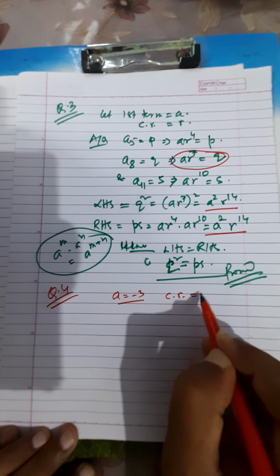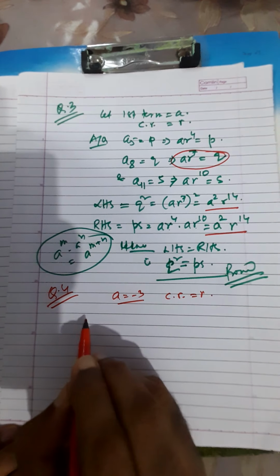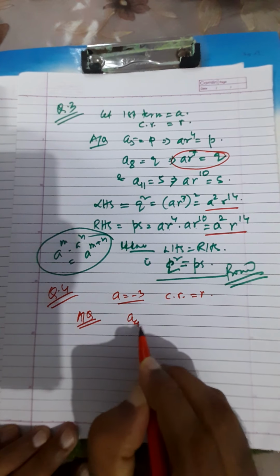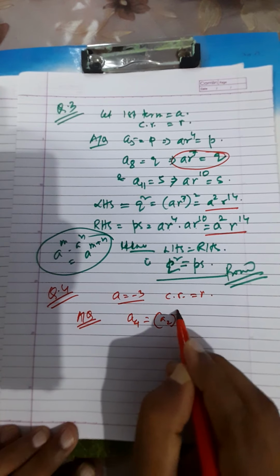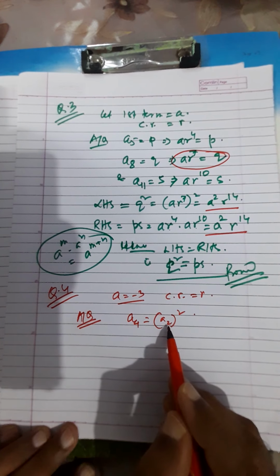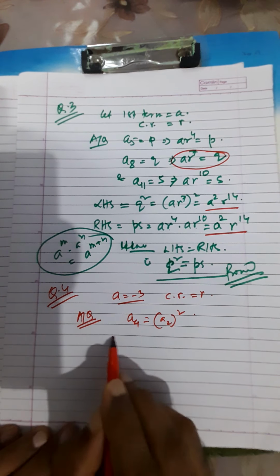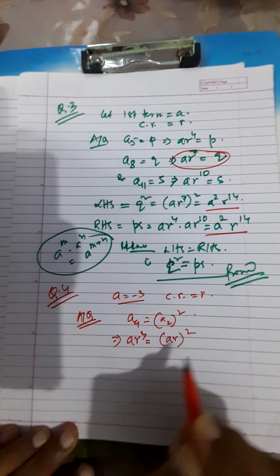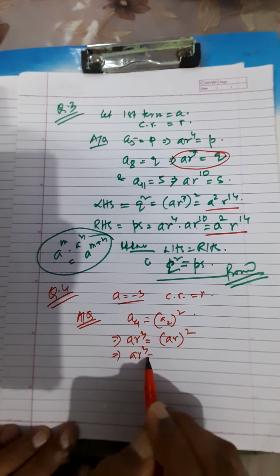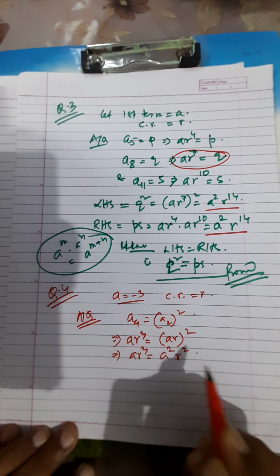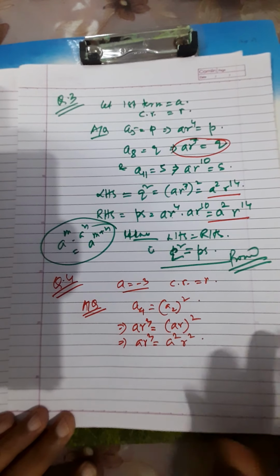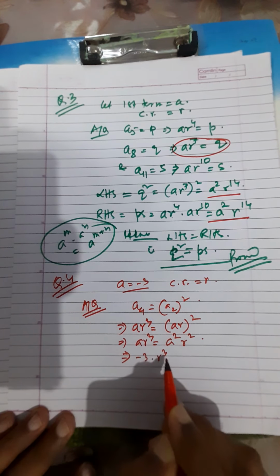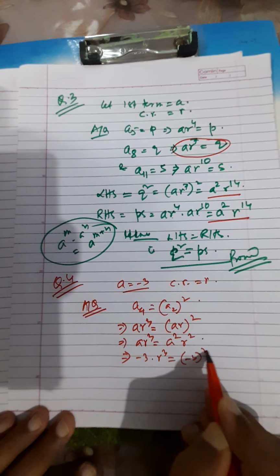Common ratio is R. According to the question, fourth term A4 is equal to A2 whole square. A4 means A r to the power 3, and A2 is AR, whole square. So A r to the power 3 is equal to A square R square. A is -3, so -3 into R cube is equal to -3 whole square into R square.